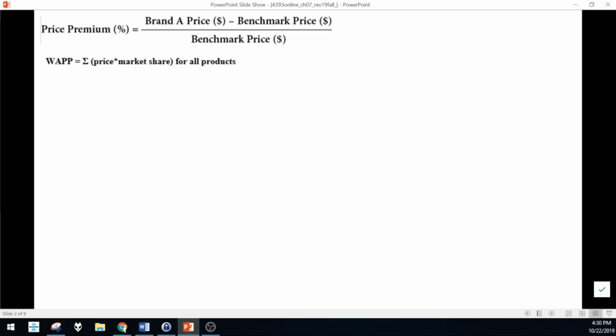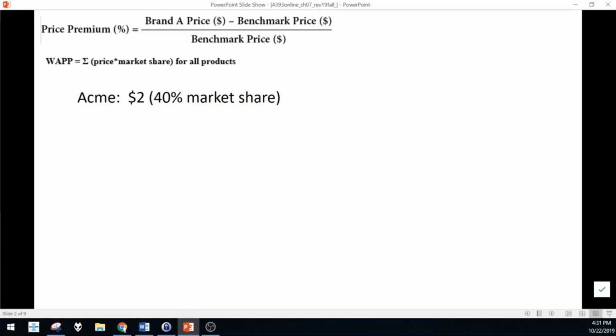One piece of logic is to weight the average price, and you do it to reflect market share. So if 50% of the market buys brand B and 30% buys brand C, then the average price in the marketplace is going to be different than just the basic average of those two. So we can weight the prices in the marketplace.